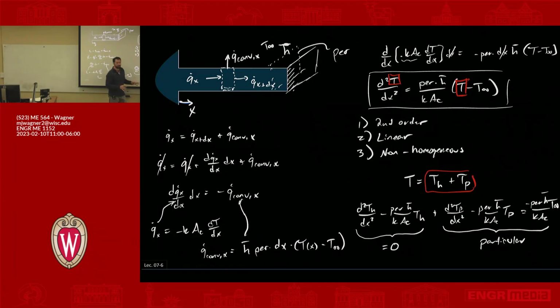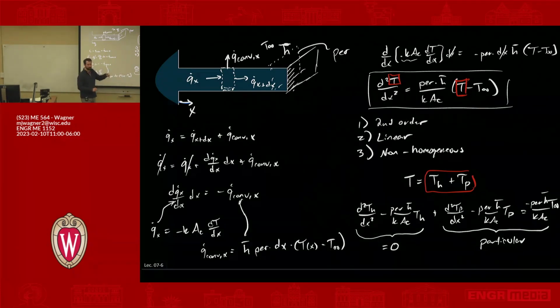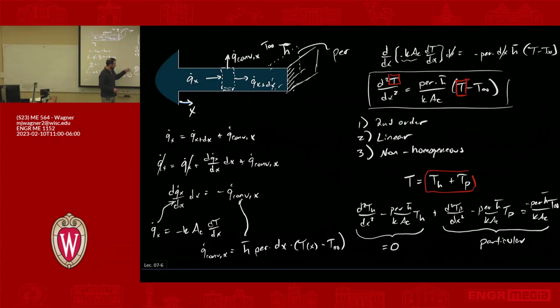So I just need a function, whatever it is, for T_P that satisfies the relationship given here. If I do that, that's great. That's part of the solution. But that's not the entire solution, right? Because I can have an equation that satisfies that particular solution, but it's not the entire possible temperature solution. In order to get the entire solution, we also need to find an equation that satisfies this relationship equals 0. Okay, so think about that for a second. We can take a particular solution, add something to it that equals 0, and we still get the same thing back, right? But it's just a way that we can ensure that we're getting a complete solution for temperature.